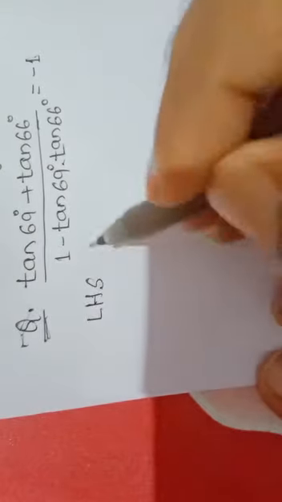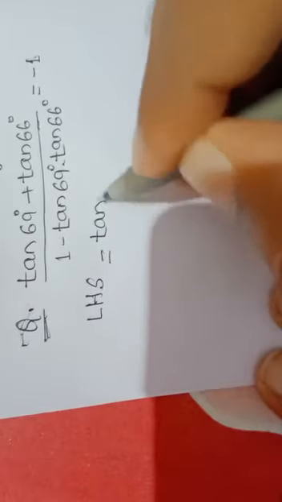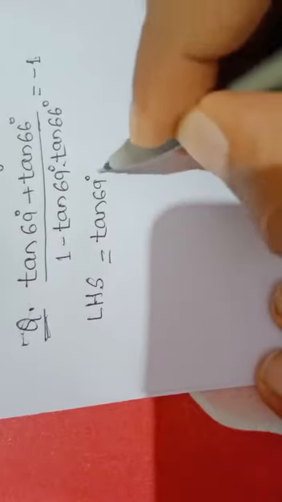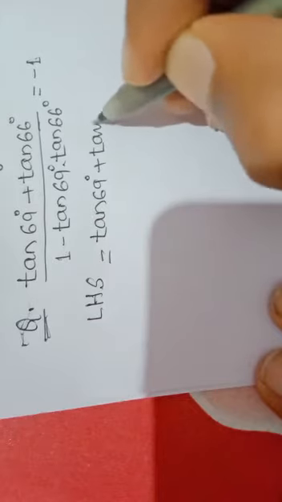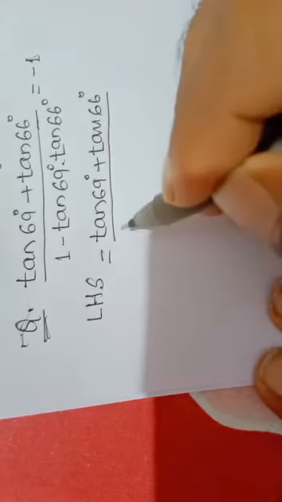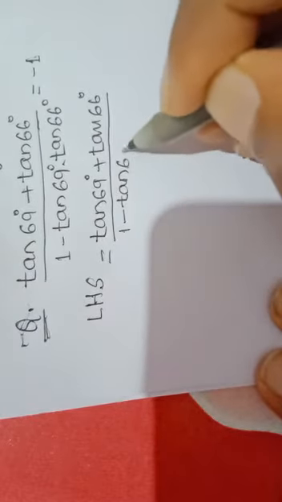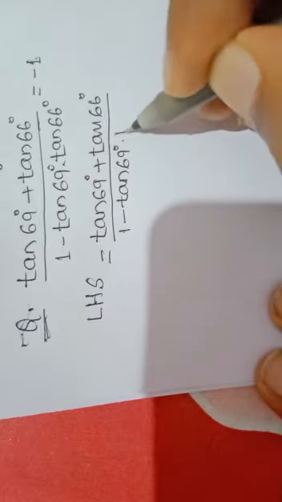In LHS we have tan 69 degree plus tan 66 degree divided by 1 minus tan 69 degree into tan 66 degree.